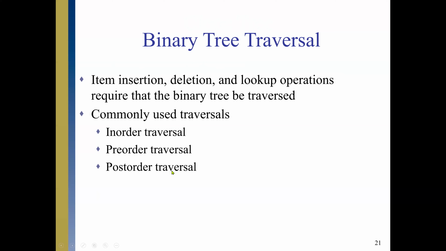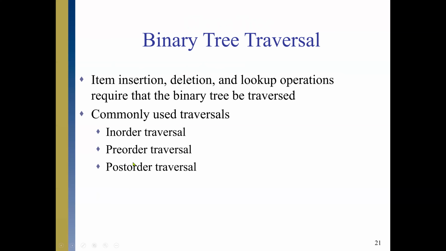So again, those are the three main methods for now: in-order traversal, pre-order traversal, and post-order. Again, the name depends on when we visit the root. For example, in-order traversal means I will visit the left subtree first, then I'll go to the root, then I'll visit the right subtree. That's why it's called in-order. It's between the left and right, inside.